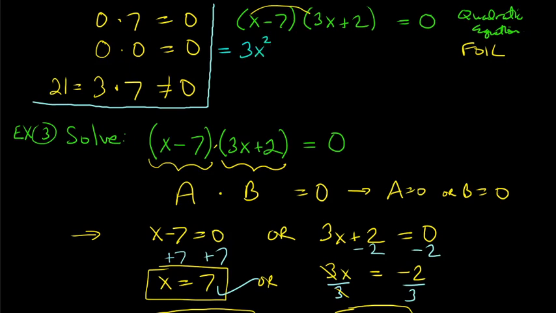And then x times 2, that's the outside, is 2x. And then negative 7 times 3x is negative 21x. And then negative 7 times 2, those are the last 2 terms, is negative 14.